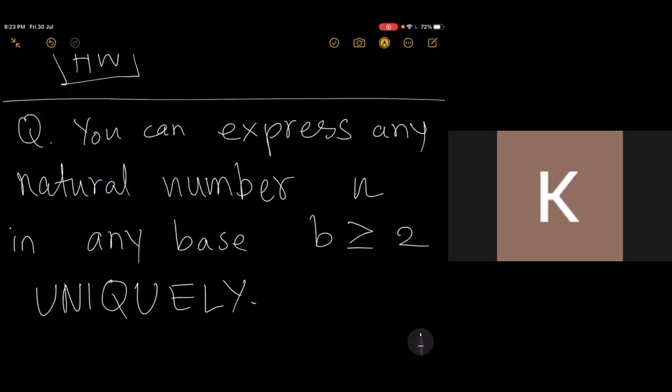Have you all done this question? Because I think you had a class on bases. I don't know what exactly has been done. Have you all done this? We haven't done.